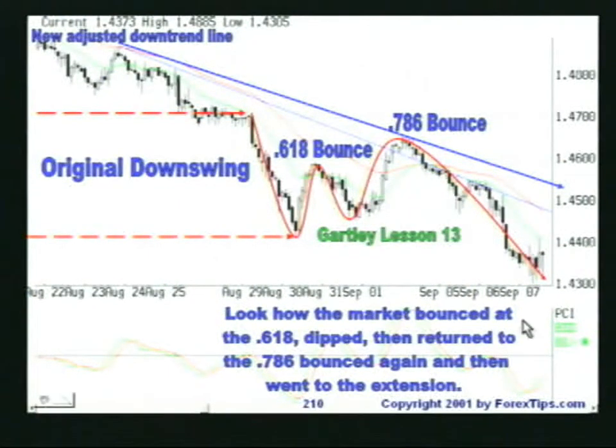So let's understand this. See, here's the original swing. If we get in at a 618 and we move our stop from the high as it starts to fall, the market could create a Gartley, which is a less than 1.13 rally, come up to the 786, stop us out, and then we are unable to take advantage of this nice move.